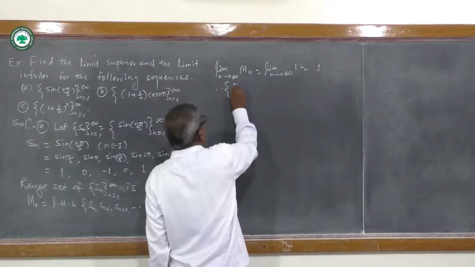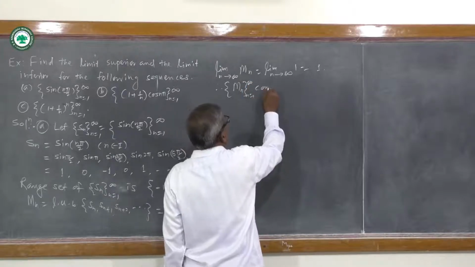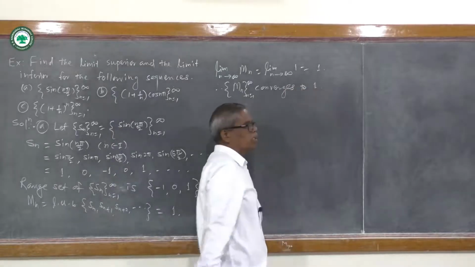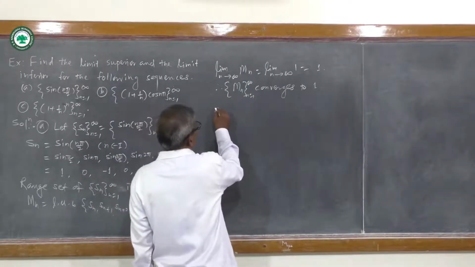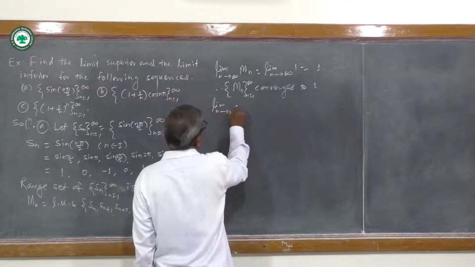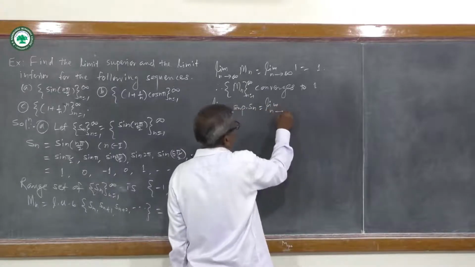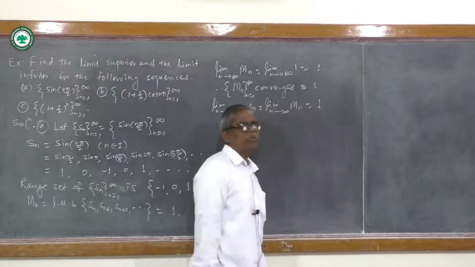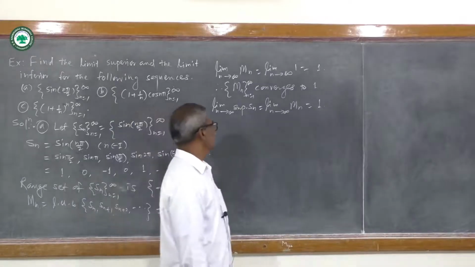Therefore, the sequence capital Mn converges to 1. Therefore, by definition, limit superior of Sn is equal to limit n tends to infinity of capital Mn, which is equal to 1. The limit superior of this sequence Sn is equal to 1.